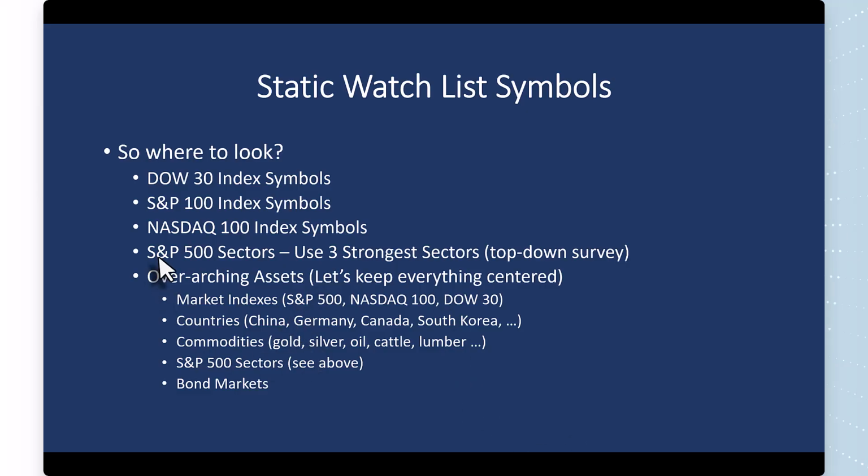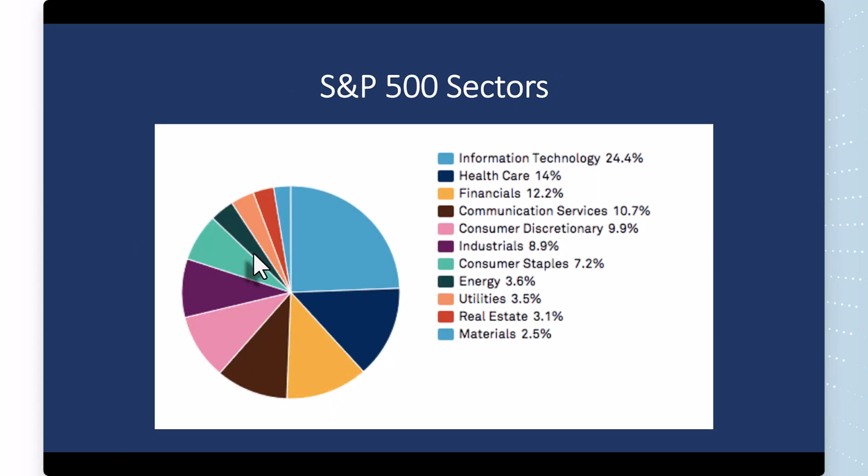In any case, let's jump back to the sectors for a second. Like I say, these S&P 500 sectors are comprised of the following 11 major areas. This chart is representative of the distribution of the number of stocks within the S&P 500, and you can't take these percentages literally.